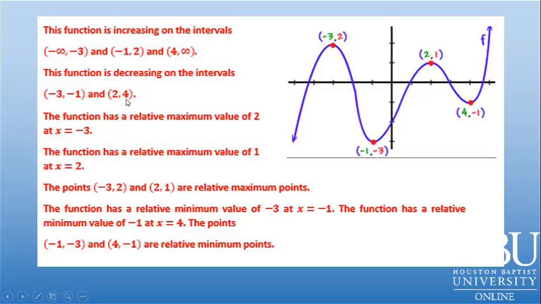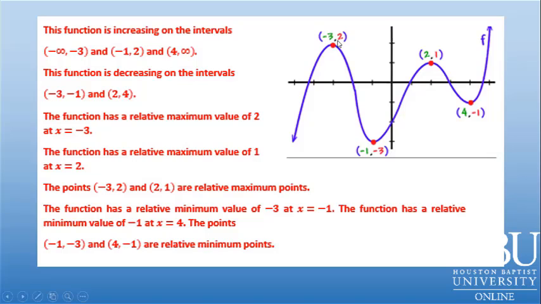You notice that we gave our answer in terms of x coordinates, not the y coordinates. Now, where does this function have relative maxima? If you look at this point, the y coordinate of 2 is the relative maximum value of the function in an open interval around this point. So we say that 2 is a relative maximum of the function that occurs at x equals minus 3.